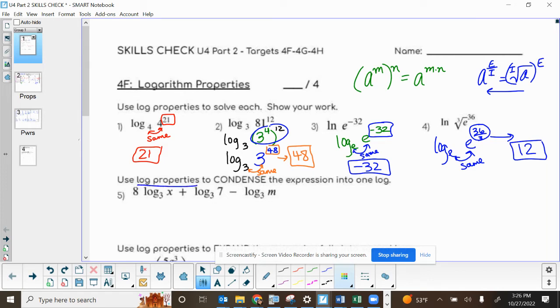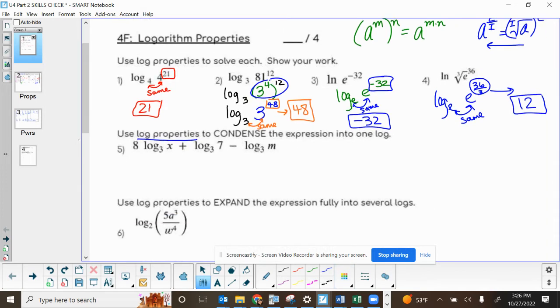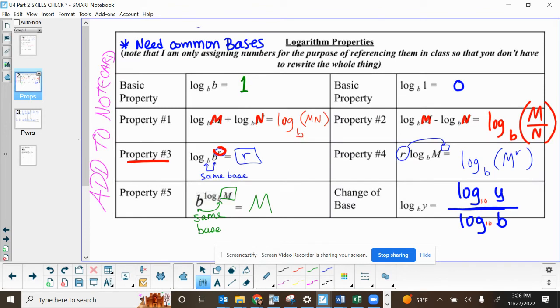Now again, when it says use log properties to condense, I will go back to my properties and look at the ones that put things together. So when I'm adding logs that have the same base, I can condense them down by multiplying the m times n in my argument.